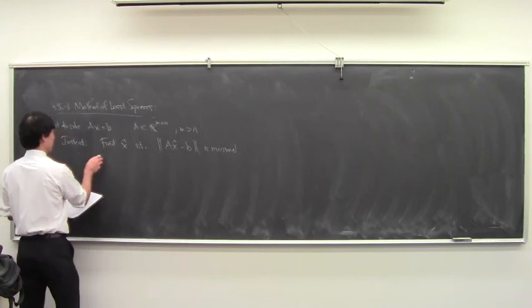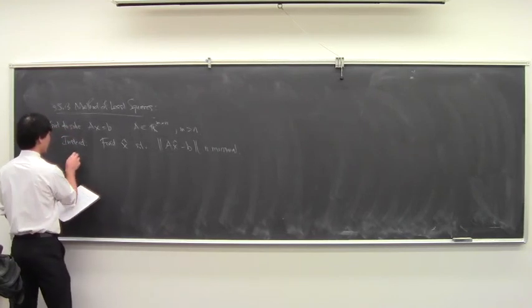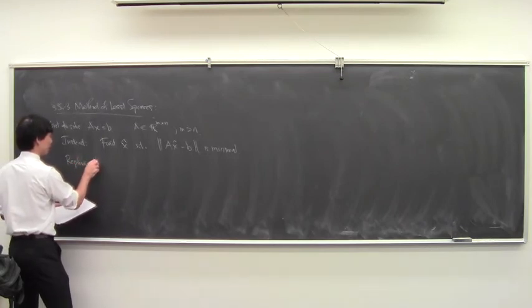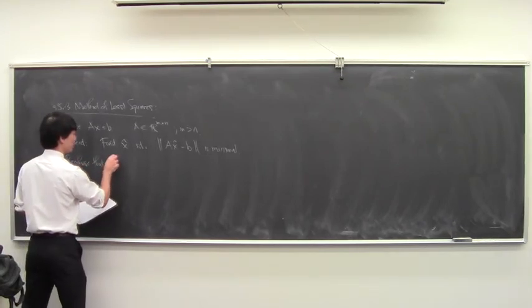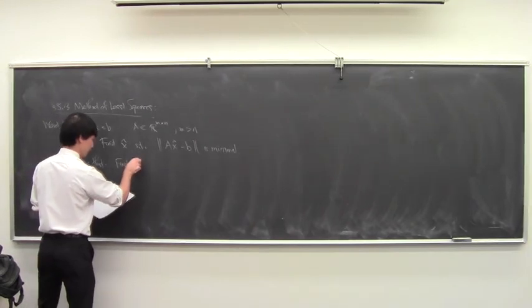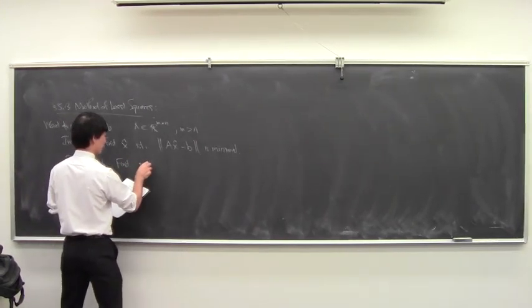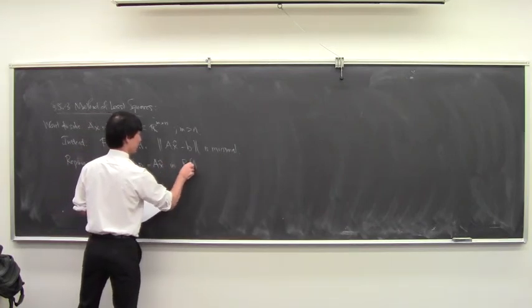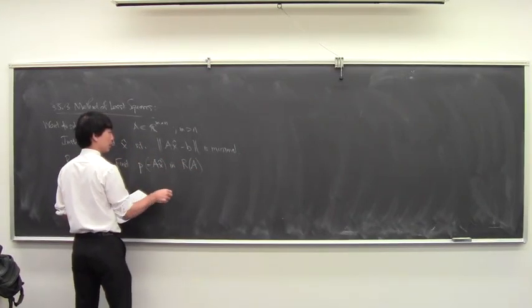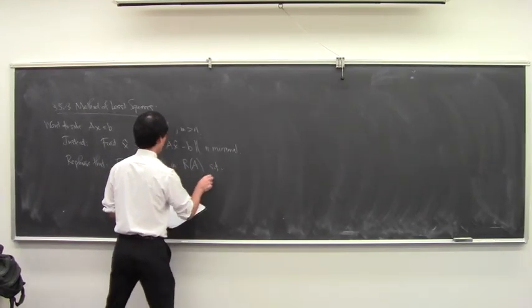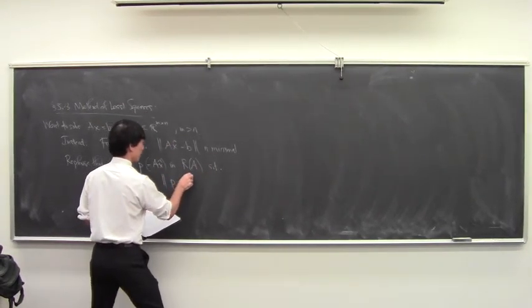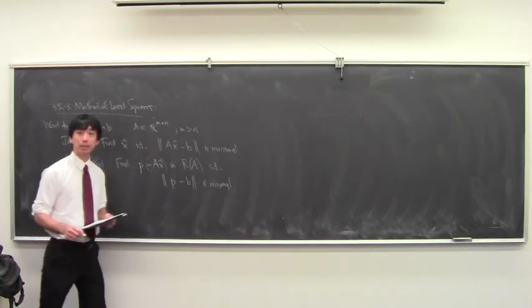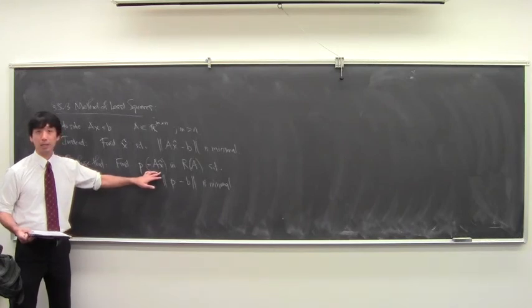We rephrase that as: find p in the range of A so that p minus b is minimal. That's the same thing, right?